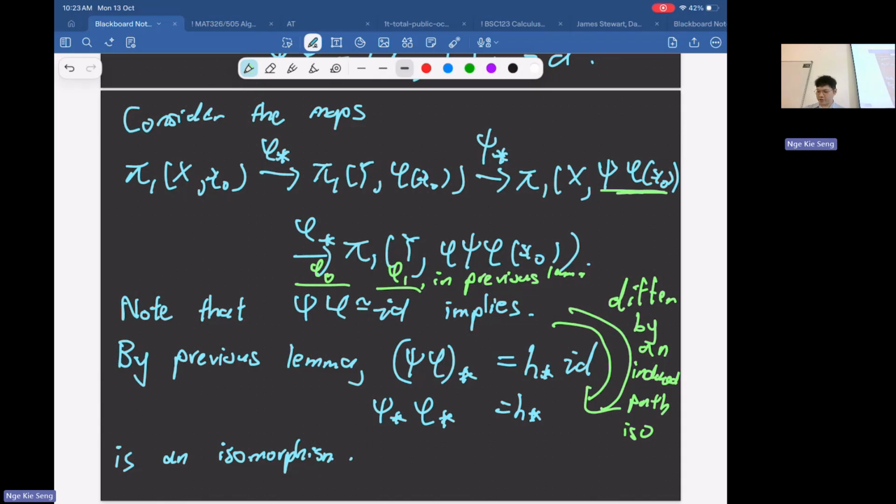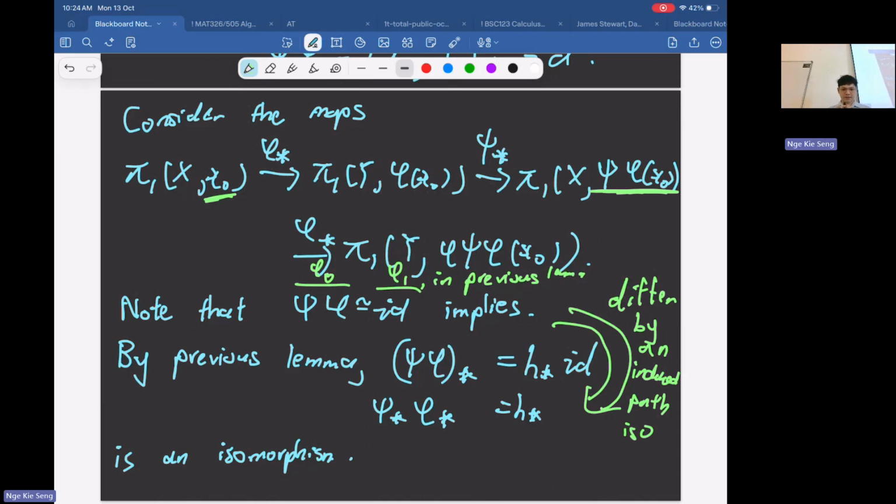Because you see, you potentially change your base point already, but there is a path connecting H. I think this one we showed last time. The H star map is an isomorphism, the base point change.